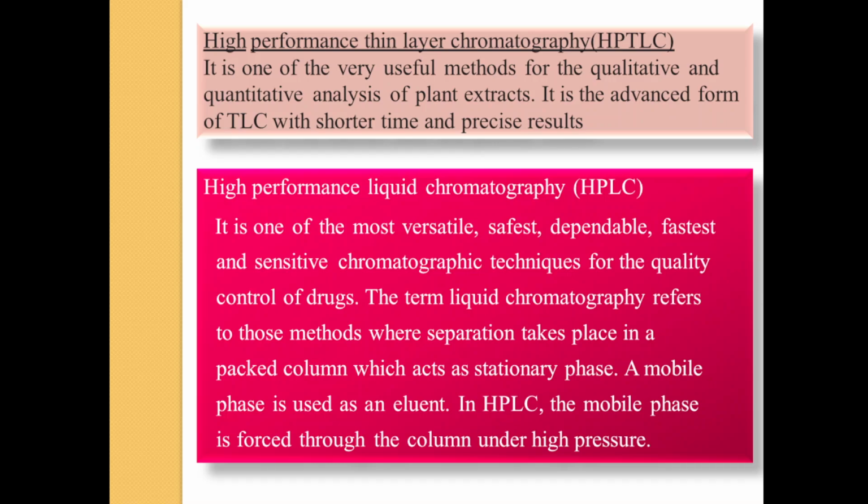Allow the mobile phase to run over the stationary phase, and in this way the separation of different constituents takes place. After that the plate is removed, dried and placed in the detector for qualitative and quantitative analysis.